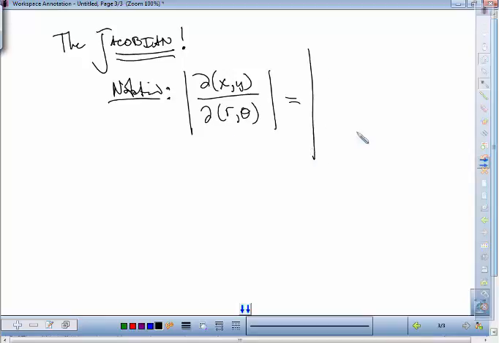So we're just going to want the positive representation, the determinant of a set of derivatives. Now, there's two dependent variables and two independent variables. So how many derivatives do you see here? 4 of them, right? The x and y are the dependent variables, and the r and theta are the independent variables. So give me one of those 4 derivatives.